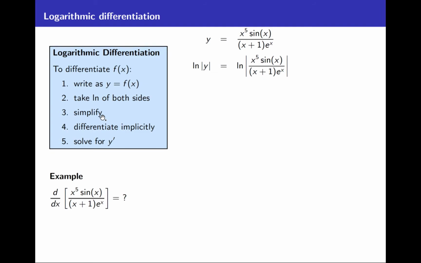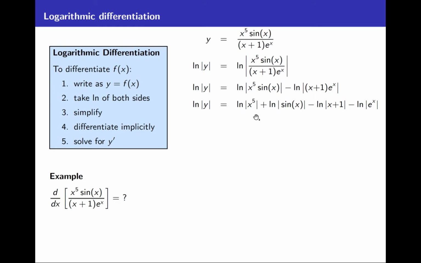And then third, simplify. Well, you can't do much with the left-hand side, but the right simplifies a lot. First of all, that's ln of the numerator minus ln of the denominator, all in absolute values. And then the ln of the absolute value of x to the 5th times sine of x, we could break that up too using logarithm properties.